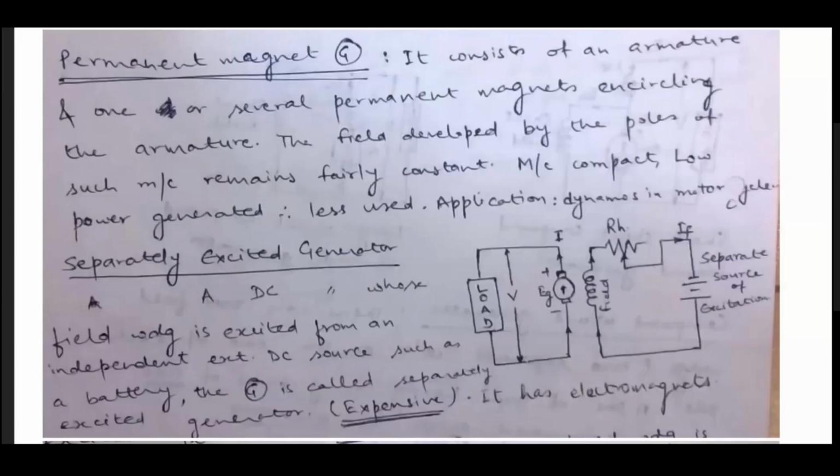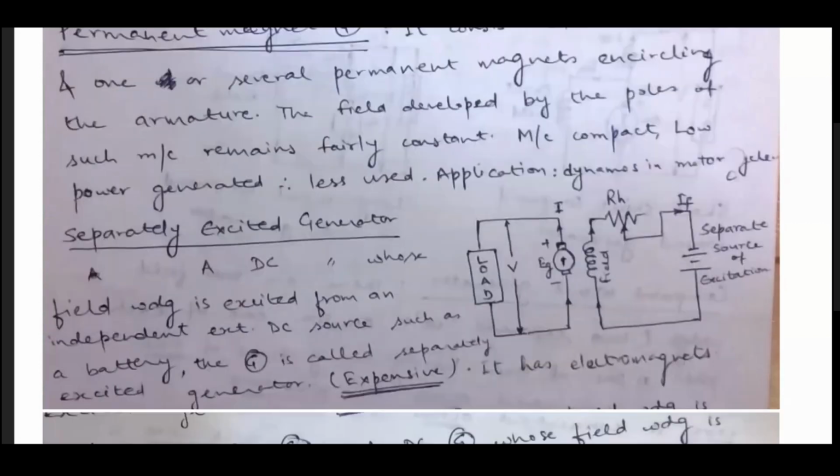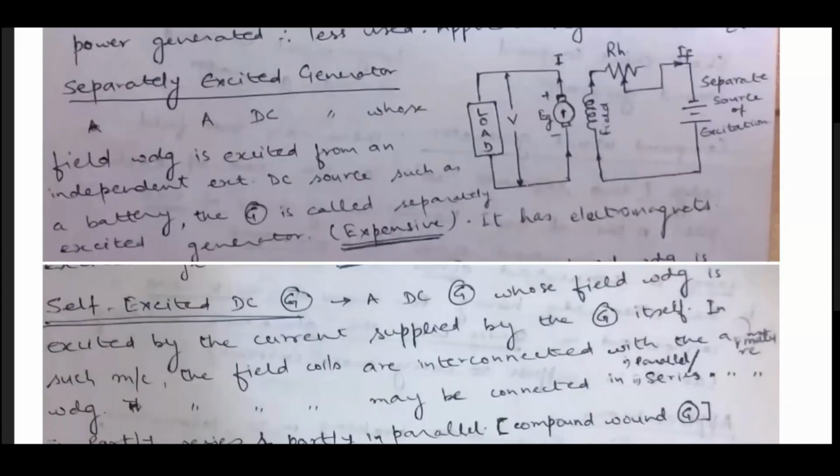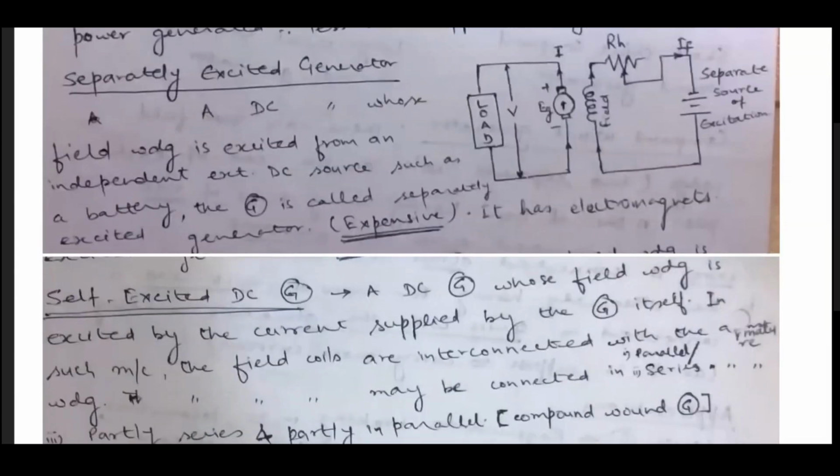So the next classification is the separately excited generator. Here the field coils of the DC generator are connected to a different DC source. You can say some DC source in the form of a battery is connected, which will supply the DC field current.